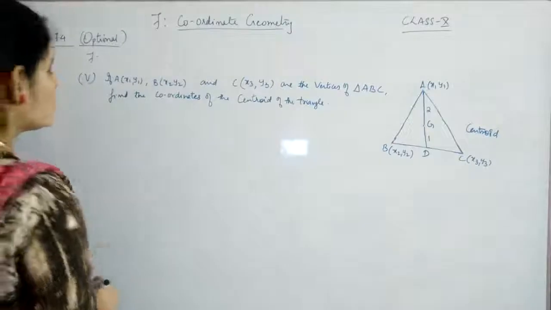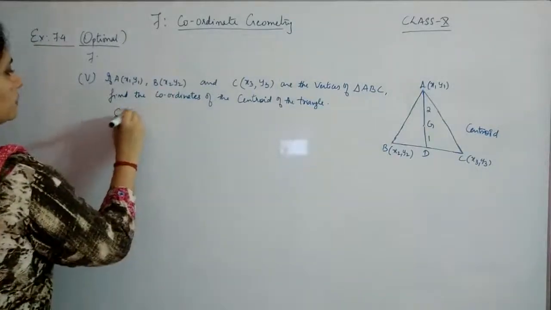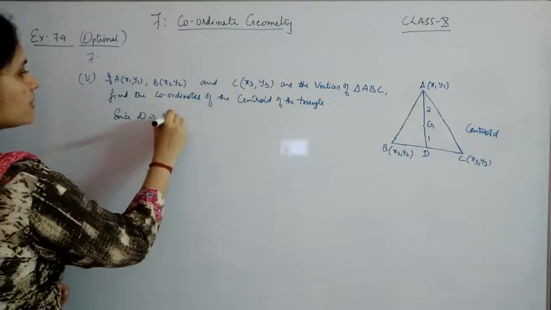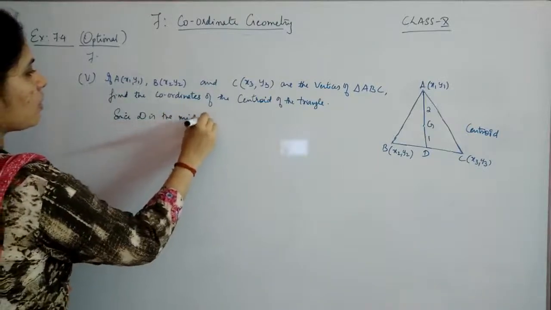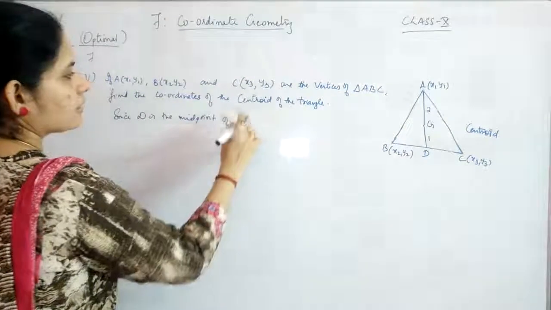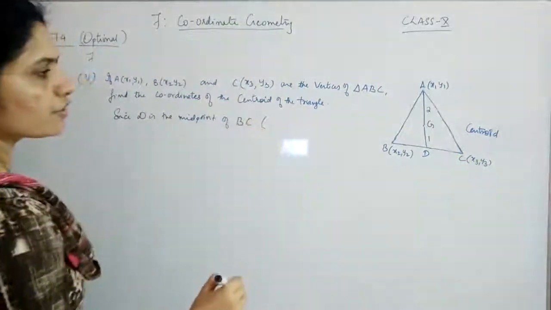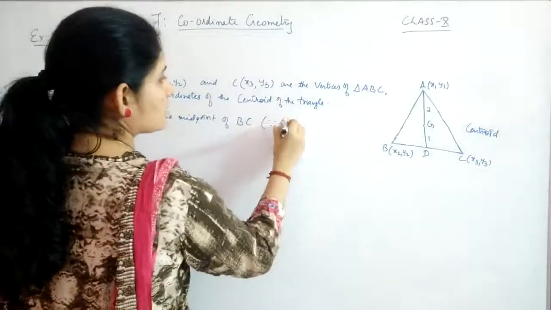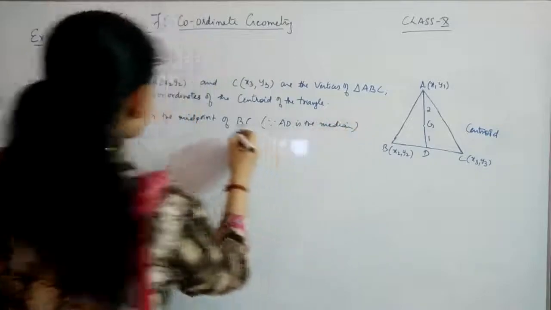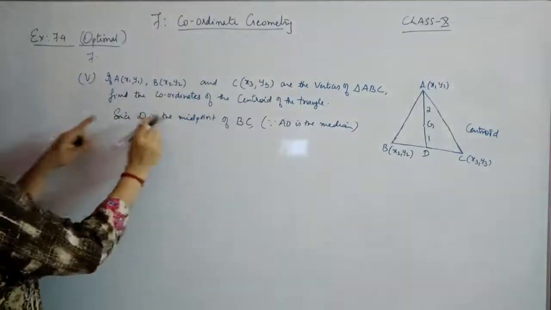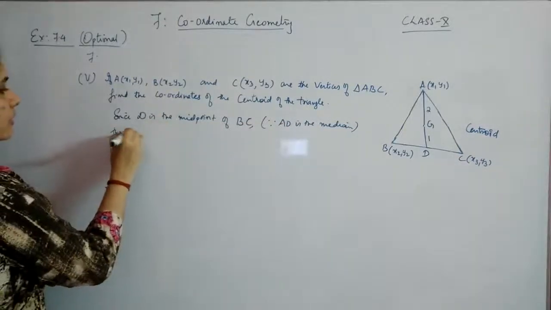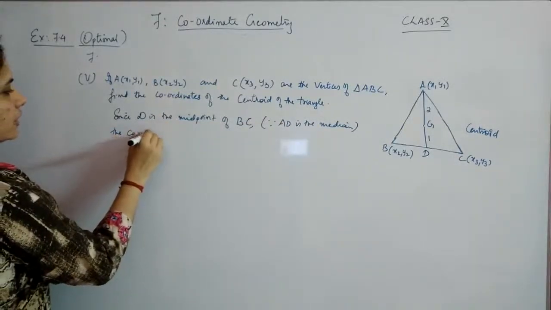So first, since AD is the median, D is the midpoint of BC. The reason for this is written here, and because of this we can find the coordinates of D.